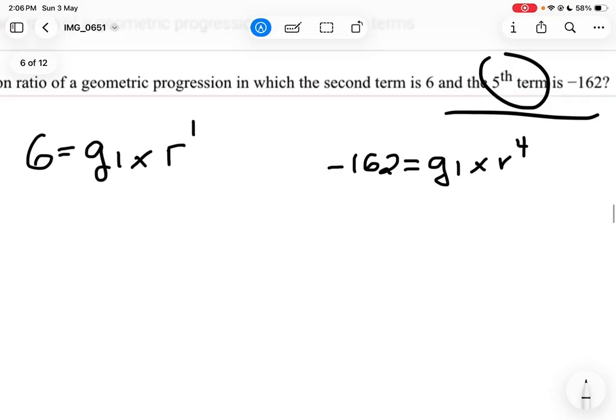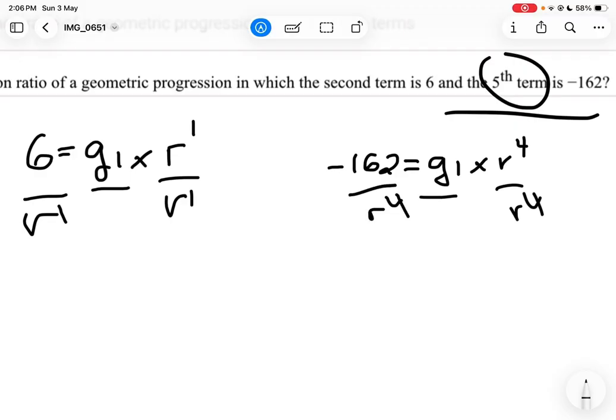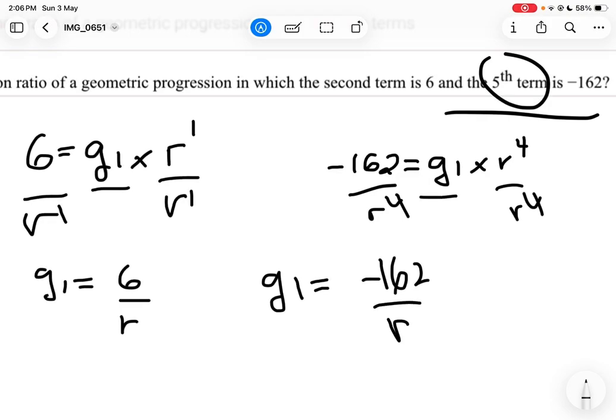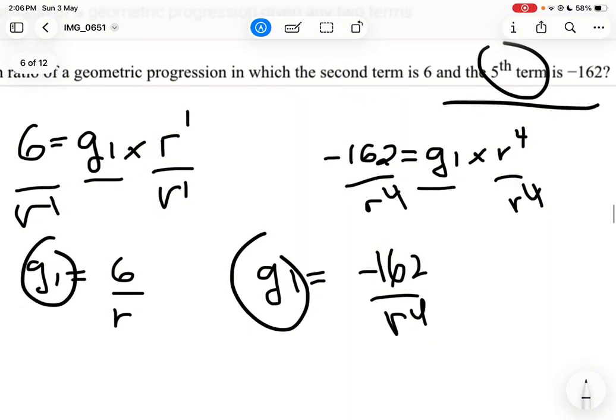In order for you to put them equal to each other, you have to make the same thing equal. Since you have G1 on both, you can divide the first equation by R, and divide the second also by R4. So G1 is equal to 6 over R, and G1 is equal to -162 over R to the power of 4. Since they are both G1, you can put them equal to each other.